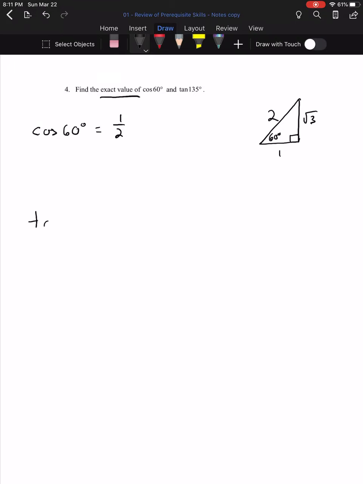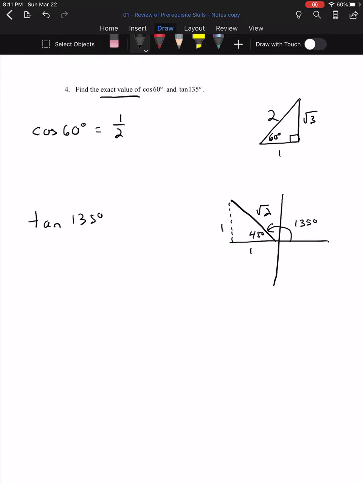And the last thing, tan 135. For tan of 135, we need a little bit more of a picture because we have to draw it into this quadrant here, because that's where 135 would be. And so that gives me a triangle with 45 degrees, 1, 1, root 2.